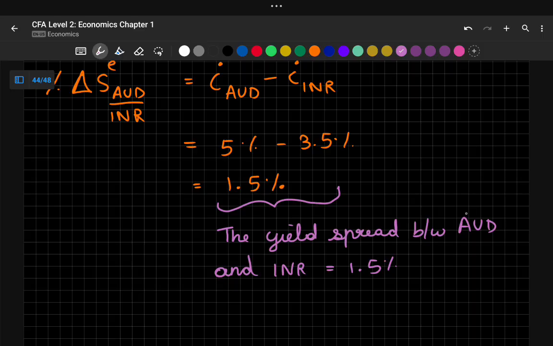That is, AUD is offering 1.5% more interest rate.